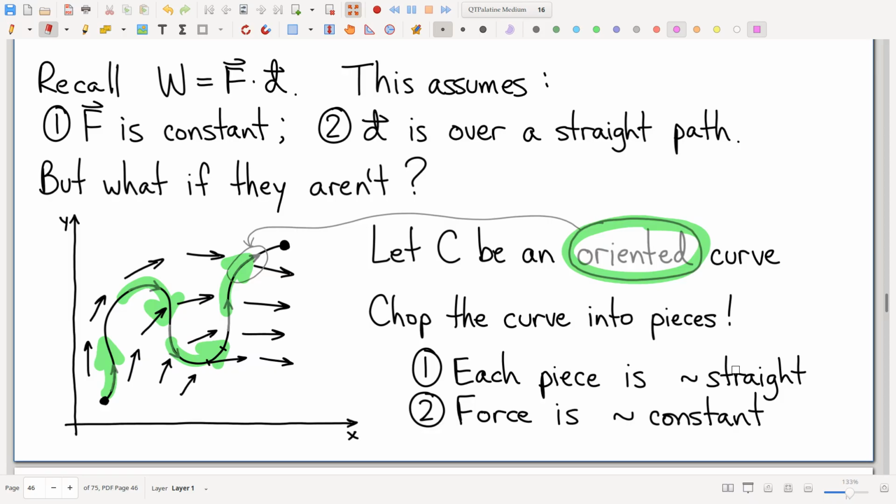So the vector field is the force at every point on the curve? Yes, that's right. In fact, the vector field, it's not just at every point on the curve, it's also at points that aren't on the curve. But yeah, you're right that it's going to be different at different points on the curve.